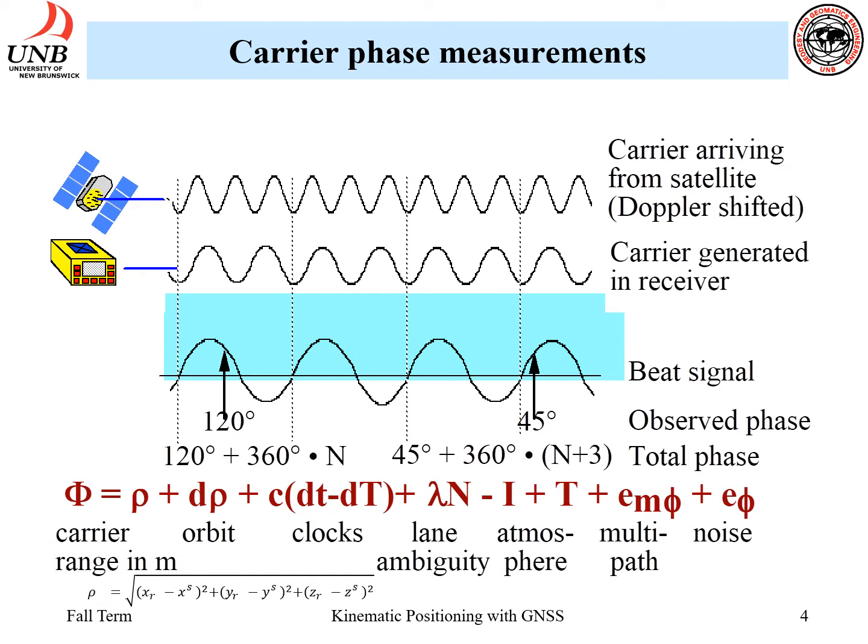The ambiguity represents the number of integer cycles at the beginning of the measurement. We should also call attention in the equation that the multipath and the noise are different from those of the pseudorange. In reality, they are smaller in value.